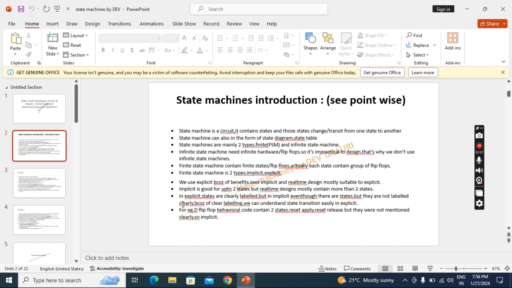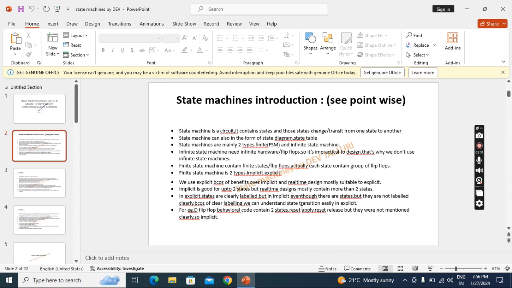And one more thing, in explicit, states are clearly labeled. That's why the name came explicit. But in implicit, even though there are states, they are not clearly labeled or visible. If the states are clearly labeled, we can understand the state transition clearly, no? That's the benefit of explicit.